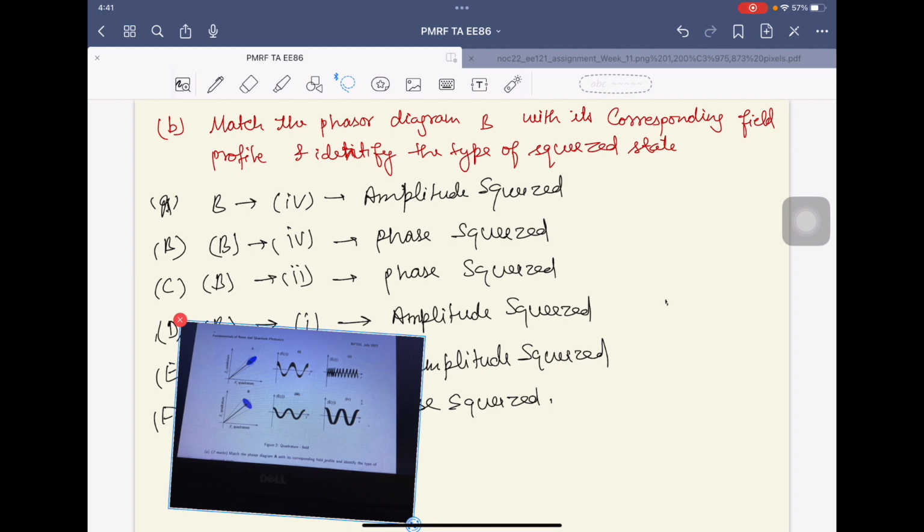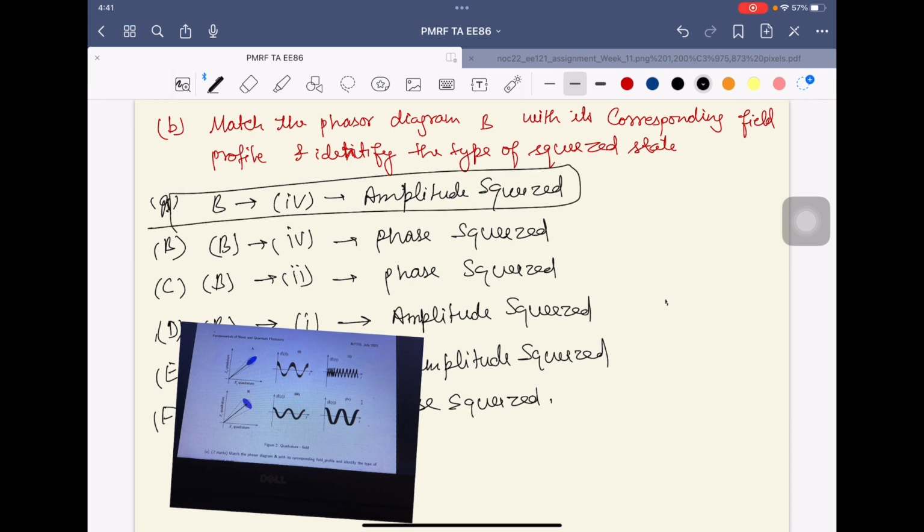And the corresponding field profile is the fourth one. So the answer A is the correct answer for this one.